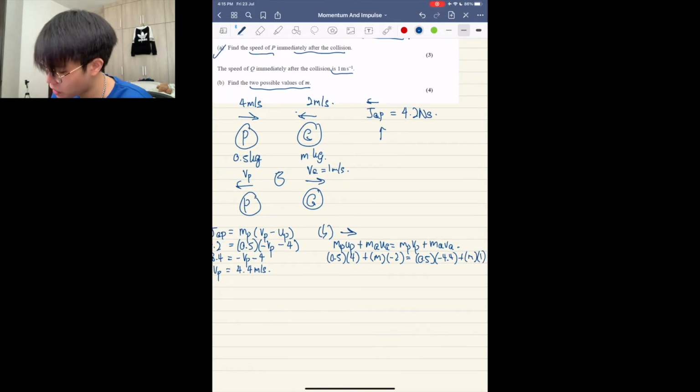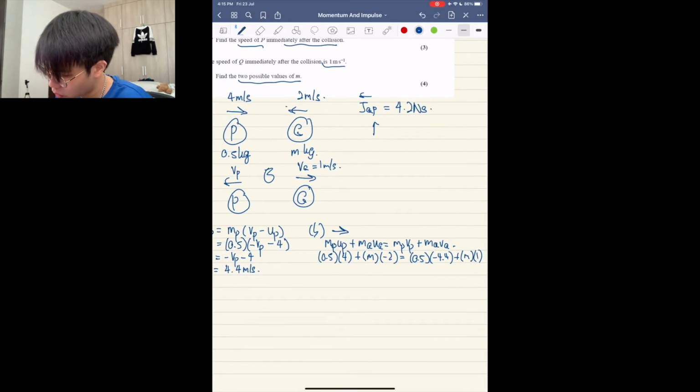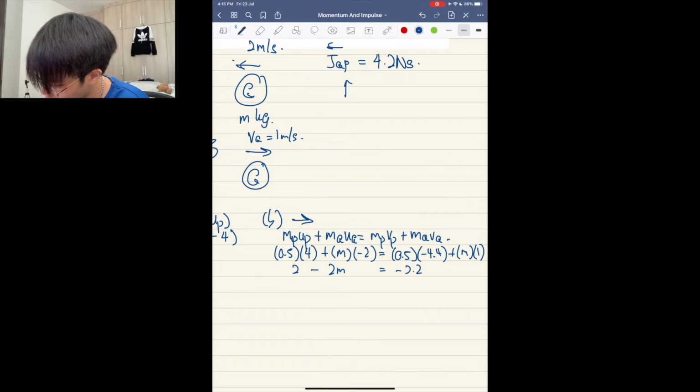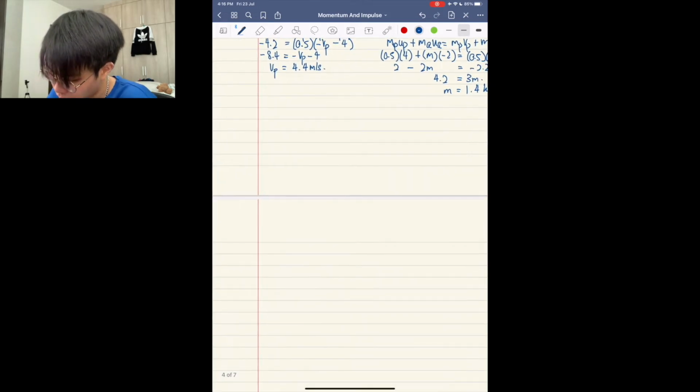Now we can evaluate it: 2 minus 2m equals minus 2.2 plus m. So 4.2 equals 3m, and m is equal to 1.4 kilogram.